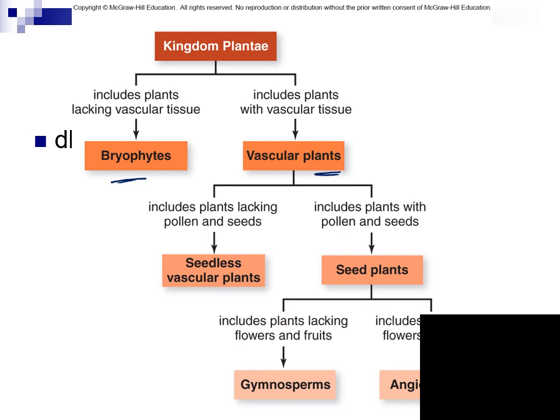And so we have the seedless vascular plants, which we talked about ferns here as being a good example of. And then we have vascular plants that have seeds, okay? And those plants are either gymnosperms or angiosperms. The gymnosperms, remember, are naked seed plants, and the angiosperms are covered seed plants. And then this last little bit, we talked about breaking the angiosperms into two groups. So we looked at what the difference between a monocot and a dicot would be.